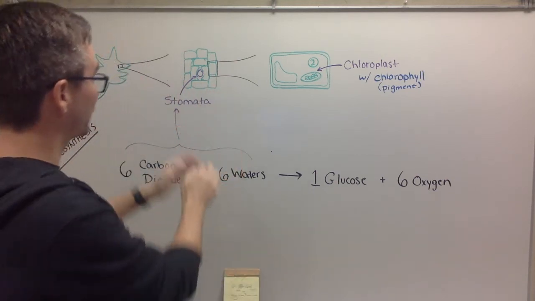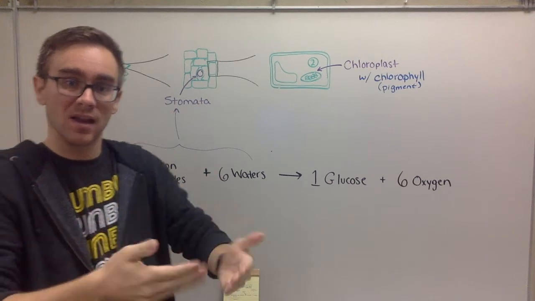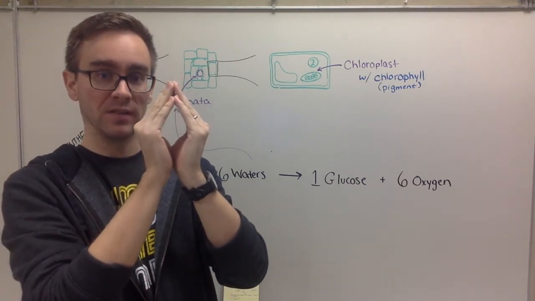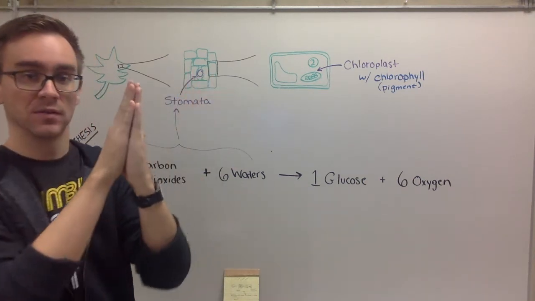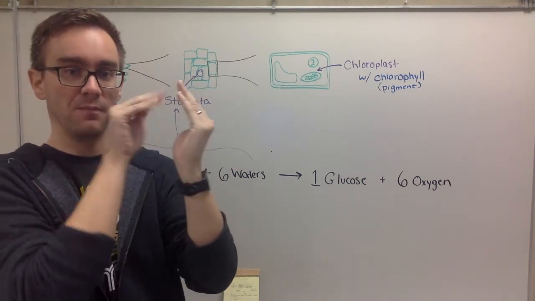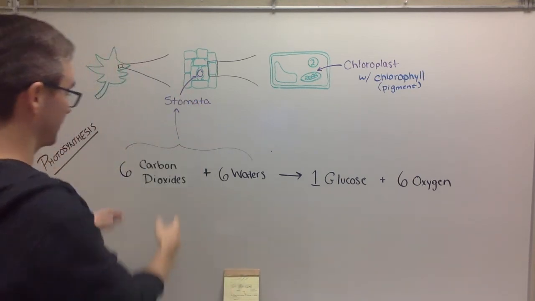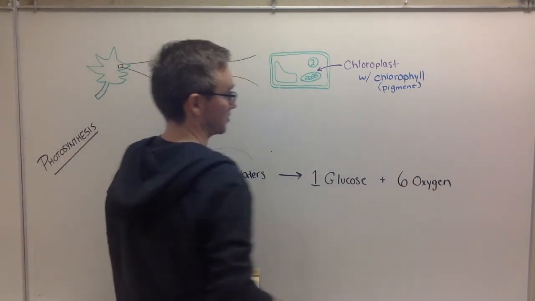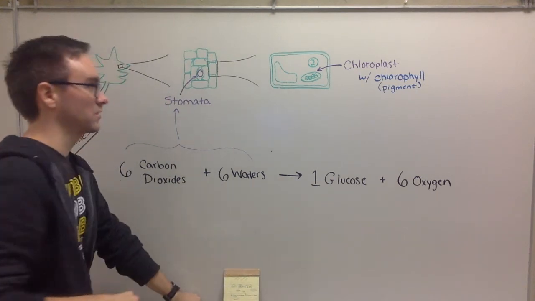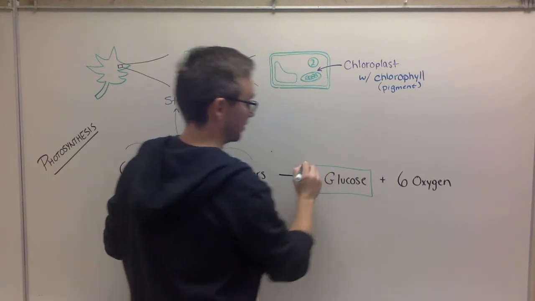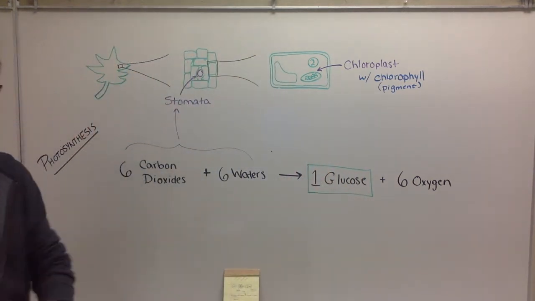The stomata allows for gases to go in and out of those leaves. They are made up of what we call guard cells. They open up and gas can come in or gas can come out, either the carbon dioxide, water, and oxygen. But now we have our glucose, because the whole big picture was to be able to make this glucose. That was the main purpose of being able to do this.